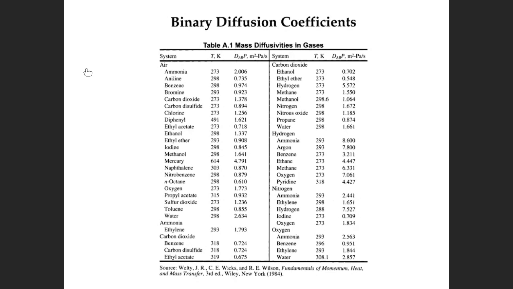They might have assumed it as an ideal gas. Now, my question: why is the unit meters squared Pascal per second? That's a simple question. It was supposed to be meters squared per second. That's the diffusivity, I already mentioned this. But why in this table is it given as meters squared Pascal per second?